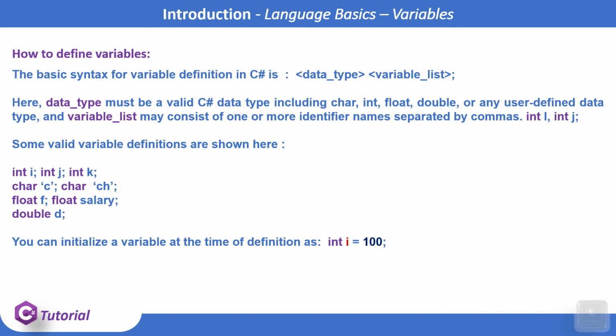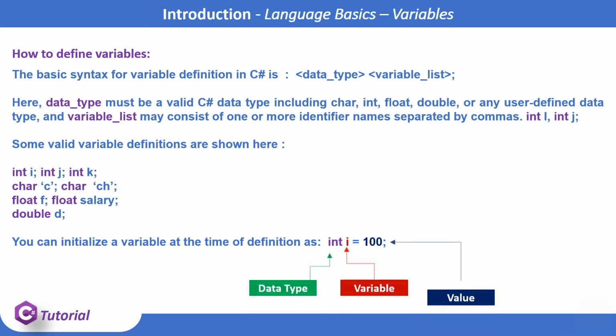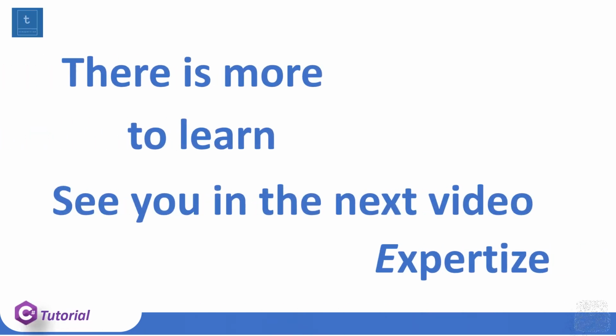Some valid variable definitions are shown here: int i, j, k; char c, ch; float f, salary; double d. You can initialize a variable at the time of definition as int i = 100.